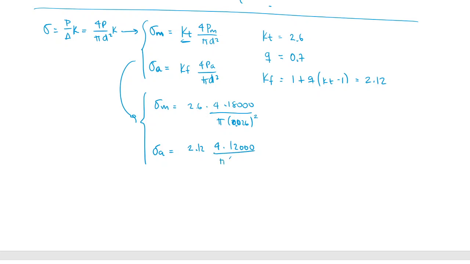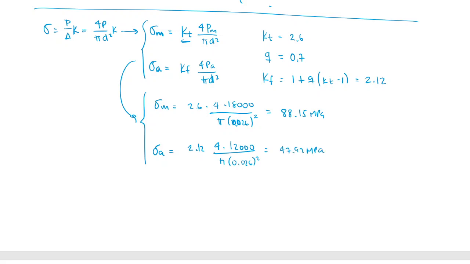Same here. I can do it in millimeters and then the number would be just in megapascals. If I don't, I would just get 88 million. That's fine. So 88.15 megapascals, and for this one, 47.92 megapascals.